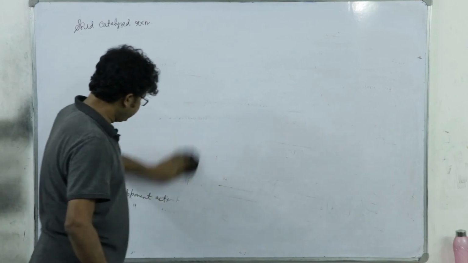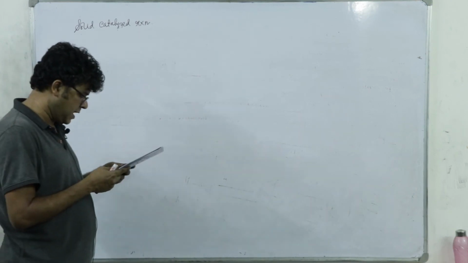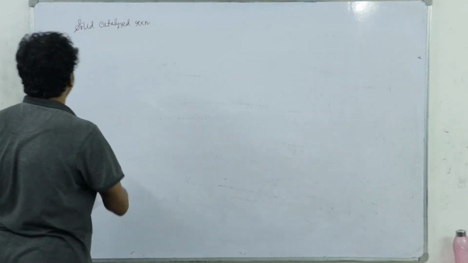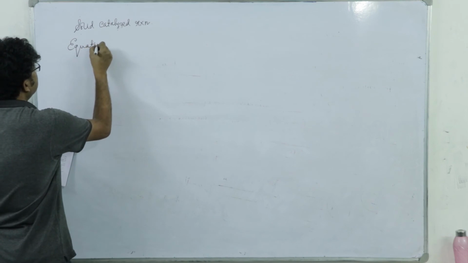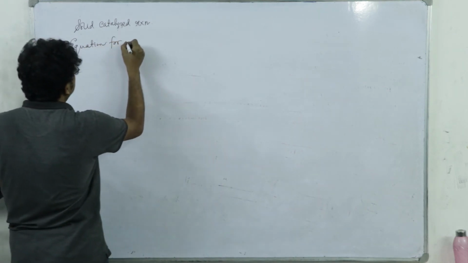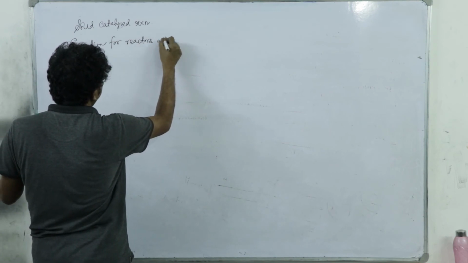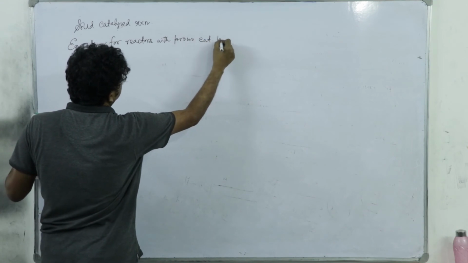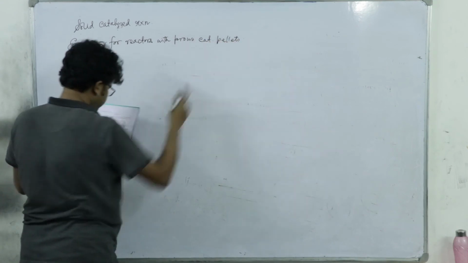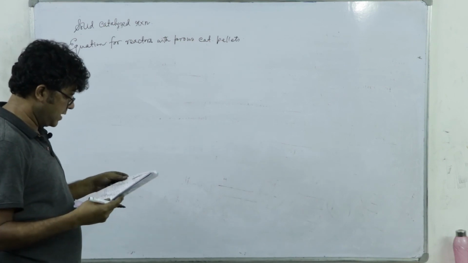Lastly, we will discuss the fundamental equations for reactors with porous catalyst pellets. Basically we can go by input minus output.